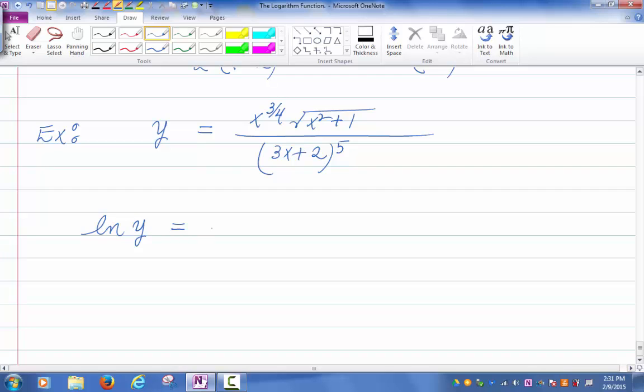Ln of the numerator. When I apply ln on the right hand side, I can apply rule number 1, right? What does it say? I'm going to skip a line here. I'm going to say this is ln of the numerator minus the ln of the denominator, right?